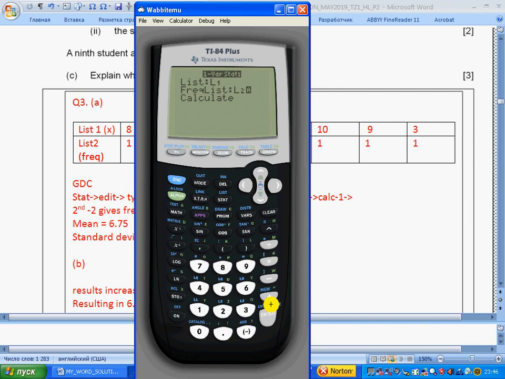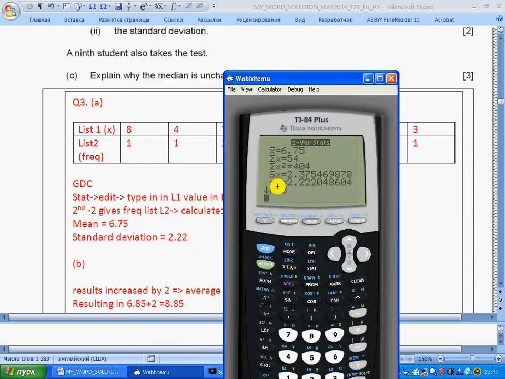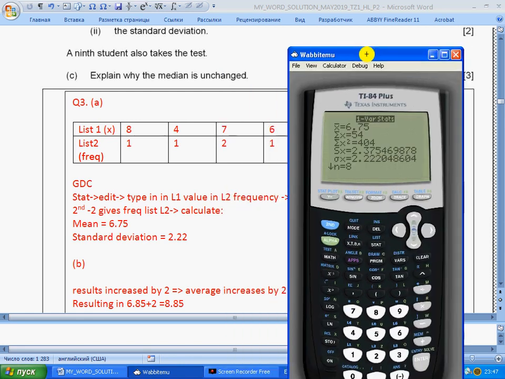We go down and calculate. It was not working; now it works. Here we have to copy the result. The mean is 6.75, so we copy, and the standard deviation is 2.22, so we copy it with 3 significant figures.